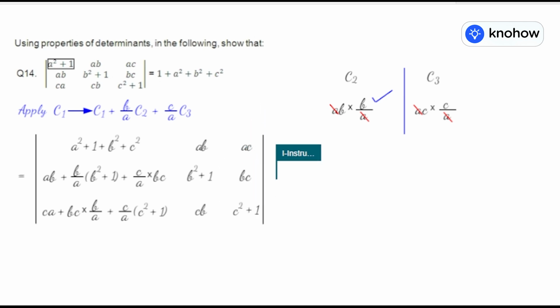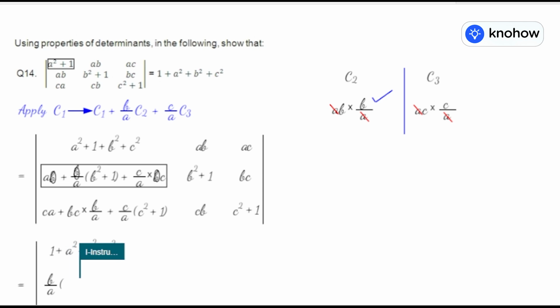Now in the next step, let me simplify the elements of C1. No doubt this first element is 1 plus a square plus b square plus c square. Now do you find that here b is throughout common? So take a as LCM and take b by a common. That step I leave for you: take a as LCM, then by taking b by a common, you will be left with a square plus b square plus 1 plus c square.